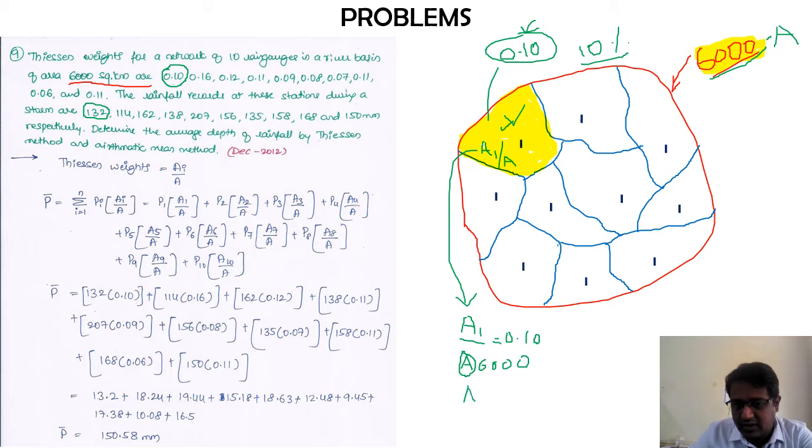To determine A1, it is as simple as cross multiplication. The 6,000 goes to the right-hand side, so you get 0.10 into 6,000, which is 600 square kilometers. Even in this way, you can determine the effective areas.